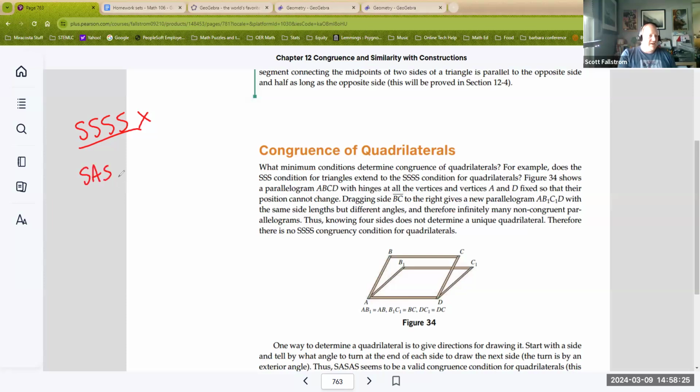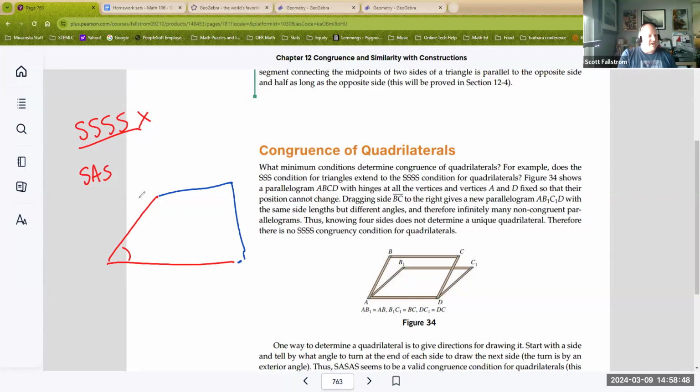Well, if you know side, angle, side, that's two sides and one angle, you're going to need a little bit more. So what that means is I know this, and I know that, and I know this angle right there. In order to guarantee we have the same quadrilateral, just picture, perhaps the next one goes up here and then comes down. Okay, so there it is. That could be.